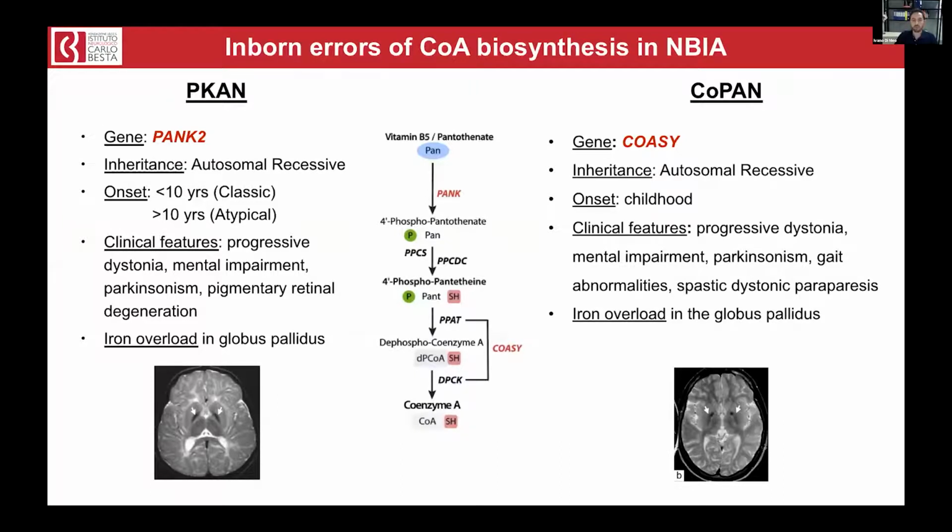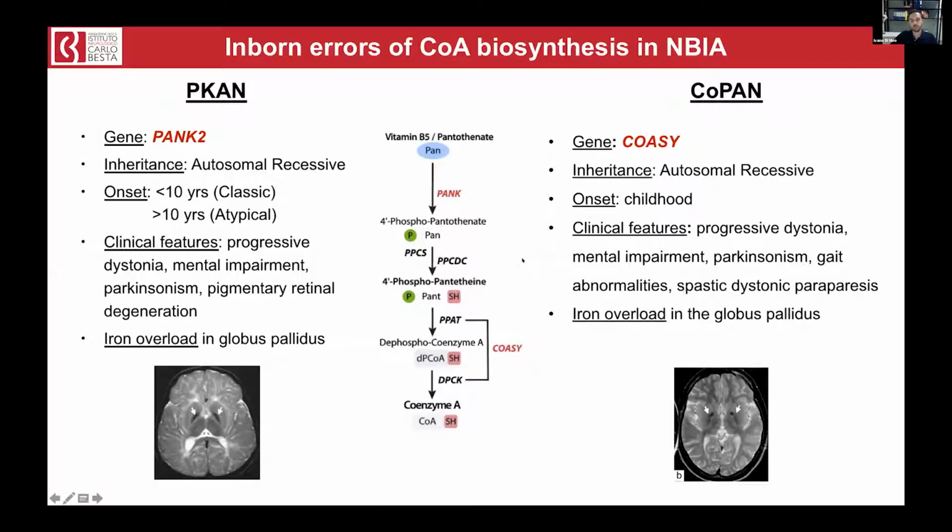we found some years ago the first patients with mutations in the COASY gene, encoding a bifunctional enzyme catalyzing the last two steps of the Coenzyme A biosynthetic pathway.